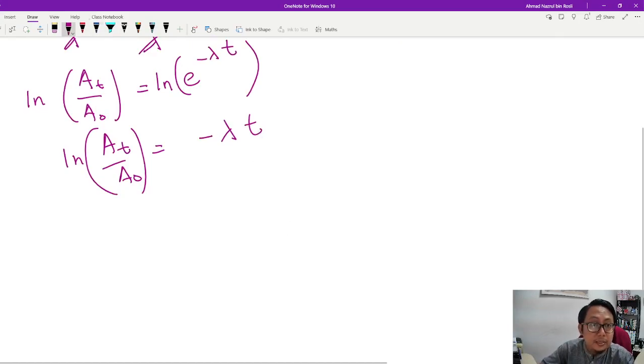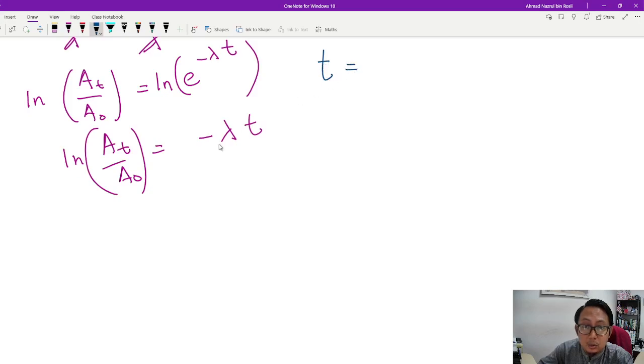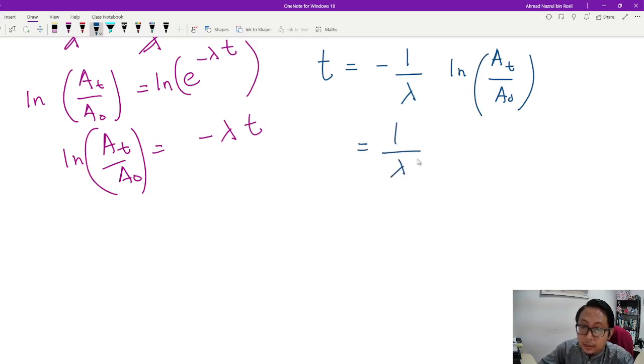So t is equal to minus 1 over lambda ln A t over A naught. Clearing out the minus, we have t equal to 1 over lambda ln A naught over A t. You can revert this.